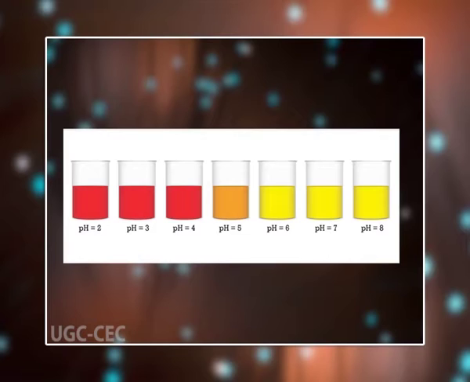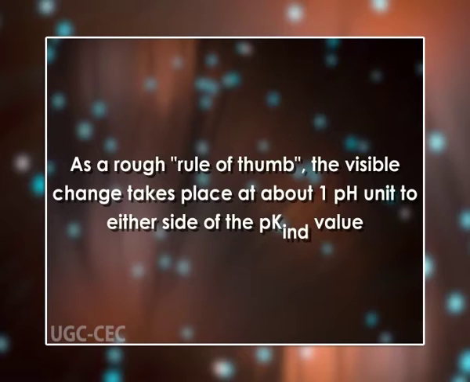As we go on adding more and more acid, the red will eventually become so dominant that we can no longer see any yellow. There is a gradual smooth change from one color to the other taking place over a range of pH. As a rough rule of thumb, the visible change takes place at about pH 1 unit to either side of the pK indicator value.